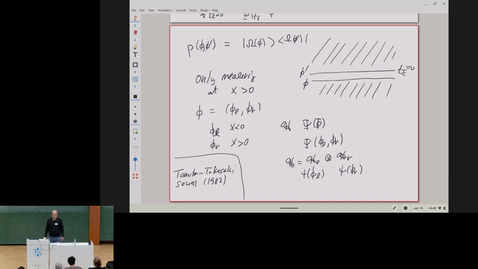So this decomposition would be completely rigorous in a lattice theory as long as there's no lattice point at x equals 0. If x equals 0 is midway between two lattice points, so if lattice points are at 1/2 epsilon, 3/2 epsilon, 5/2 epsilon on one side, and -1/2 epsilon, -3/2 epsilon, -5/2 epsilon on the other side, then this tensor product decomposition would be correct, and phi left and phi right would not share a point in common.